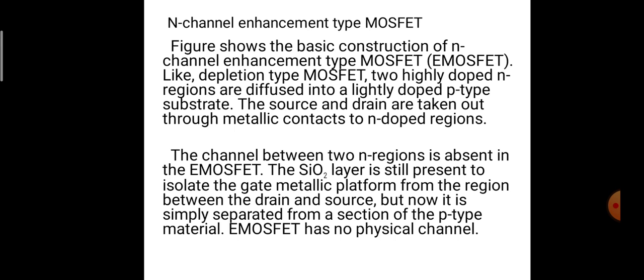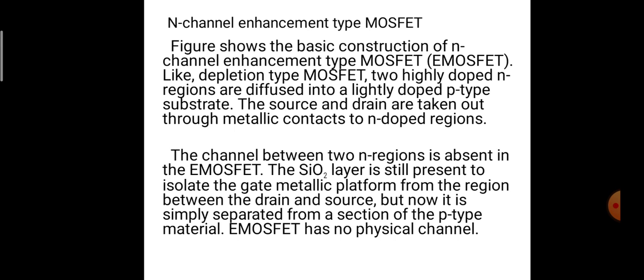Like depletion type MOSFET, two highly doped N regions are diffused into a lightly doped P-type substrate. The source and drain are taken out through metallic contacts to N doped regions.